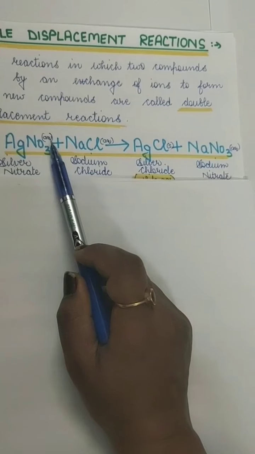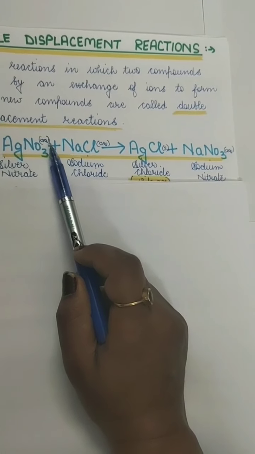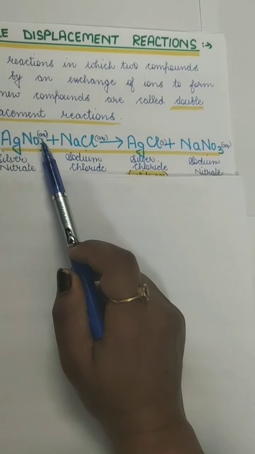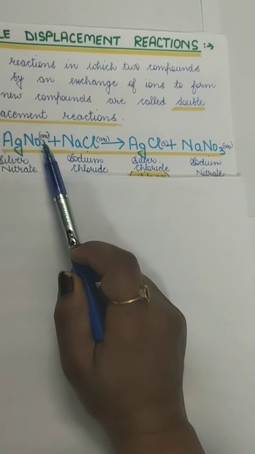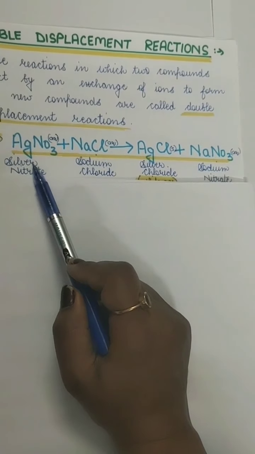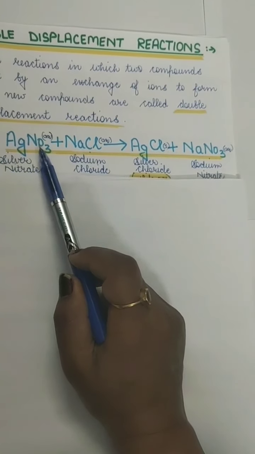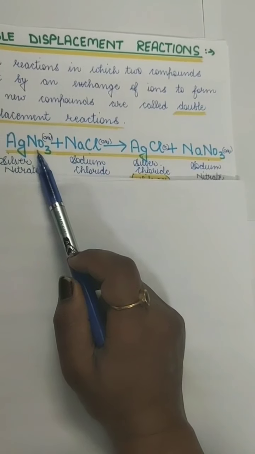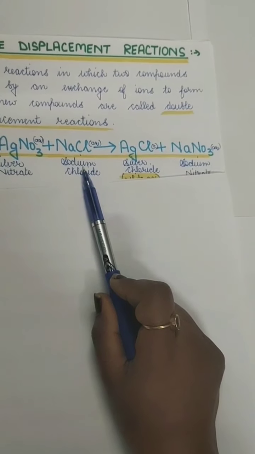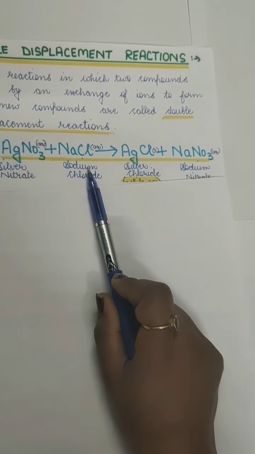When we mix any solute with water in a liquid form, then it becomes an aqueous solution. Like when we mix any salt in H2O, it is called an aqueous solution. So silver nitrate salt is dissolved in water, forming silver nitrate solution. Same here, we'll be mixing sodium chloride into water, forming a sodium chloride solution.